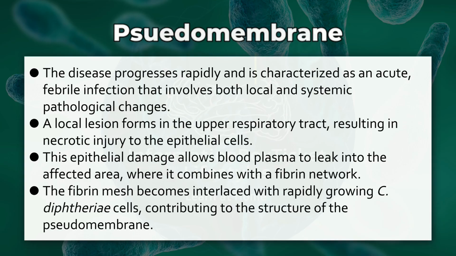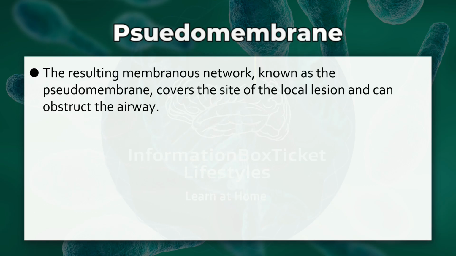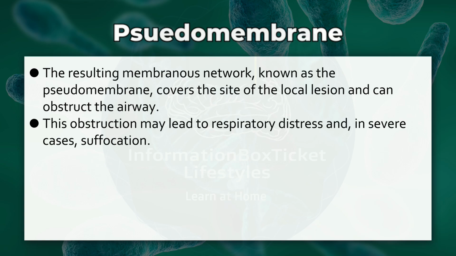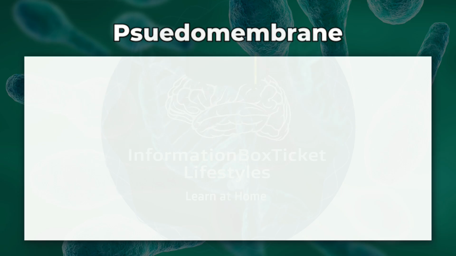The fibrin mesh becomes interlaced with rapidly growing Corynebacterium diphtheriae cells, contributing to the structure of the pseudomembrane. The resulting membranous network, known as the pseudomembrane, covers the site of the local lesion and can obstruct the airway. This obstruction may lead to respiratory distress and, in severe cases, suffocation.